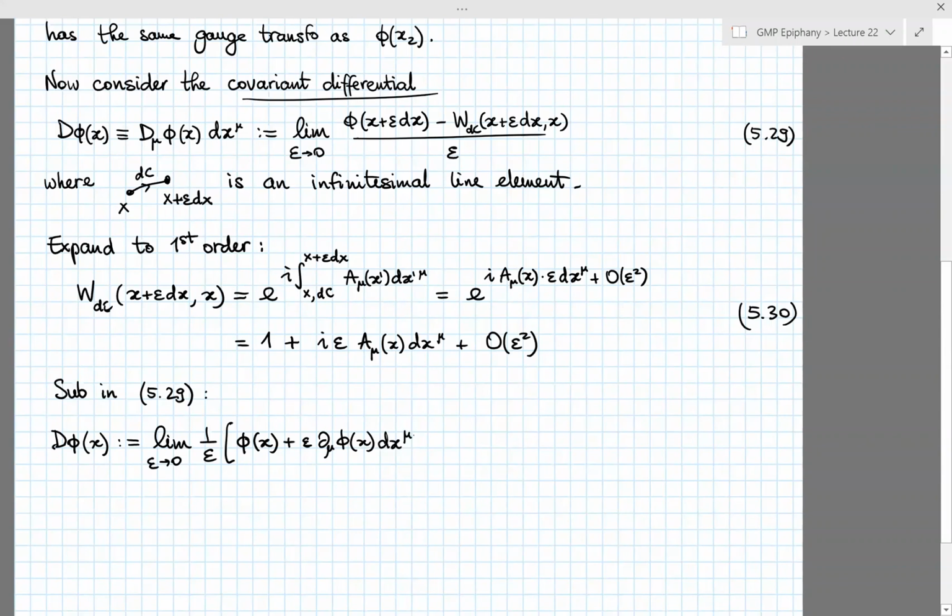And then we'll have, oops, sorry, here in 5.21, I was missing the phi of x here. Apologies. Now I have to multiply the Taylor expansion of the infinitesimal Wilson line in 5.30 times phi of x. And so I get minus phi of x minus i epsilon A mu of x phi of x dx mu plus order epsilon squared.